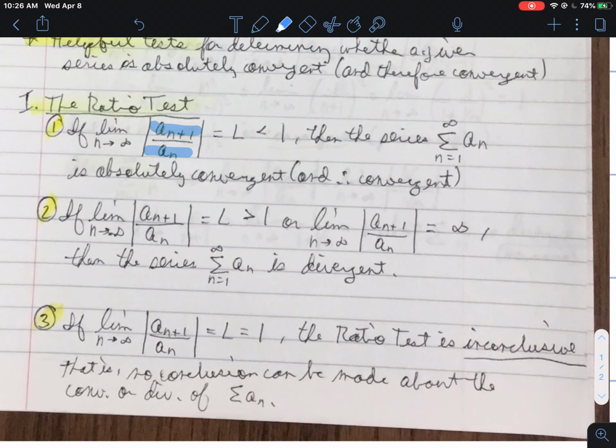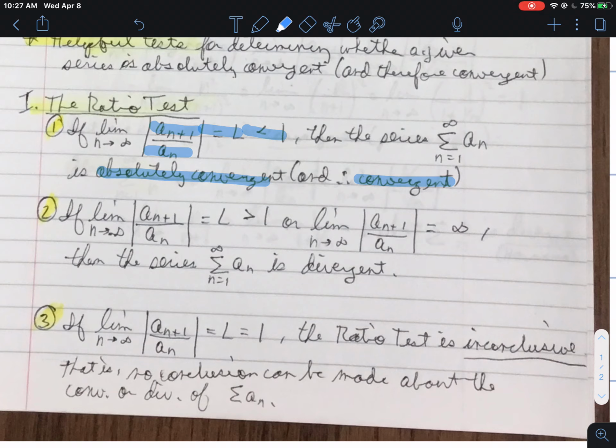Right? So our a sub n, our generic nth term, and the a sub n plus 1 term. What's the next term in the series? So then I look at the absolute value of their ratio. If that is equal to some number L less than 1, then we're saying that the original series is absolutely convergent, which then we said guarantees us convergence.